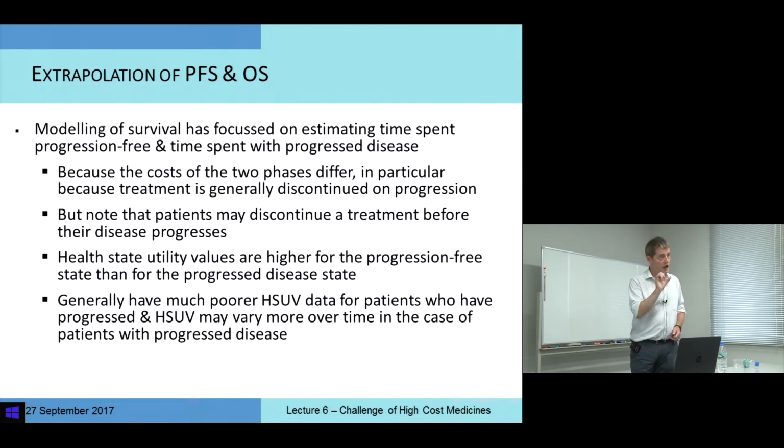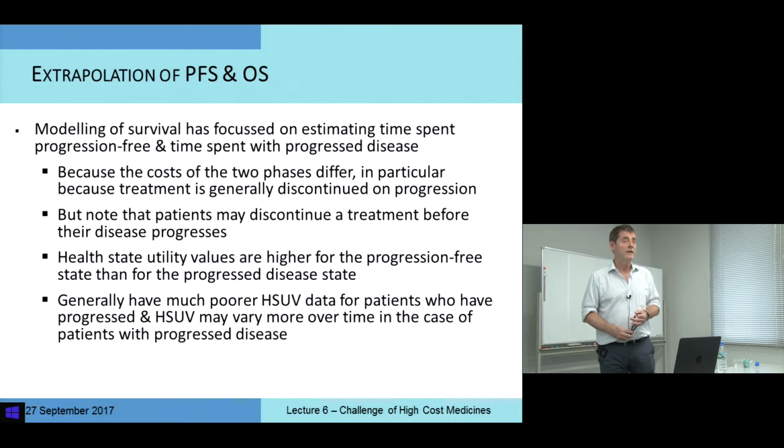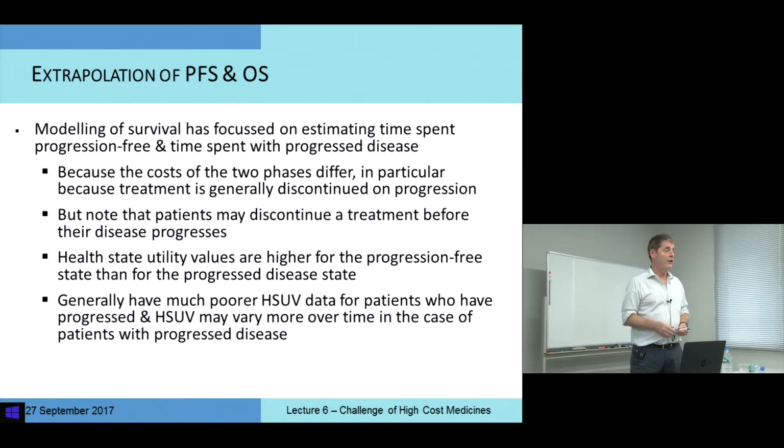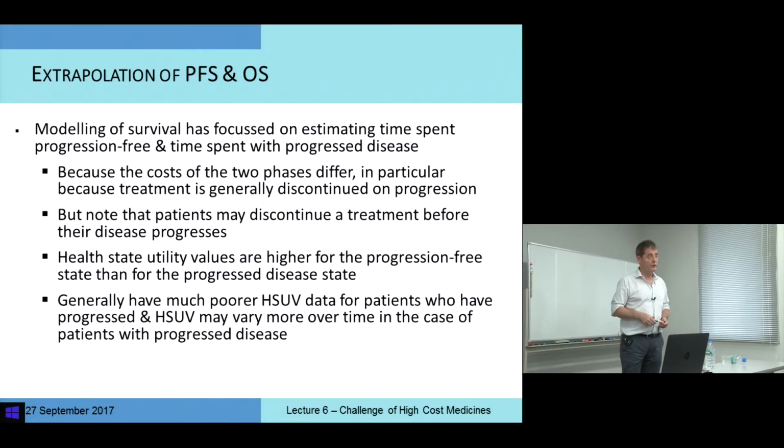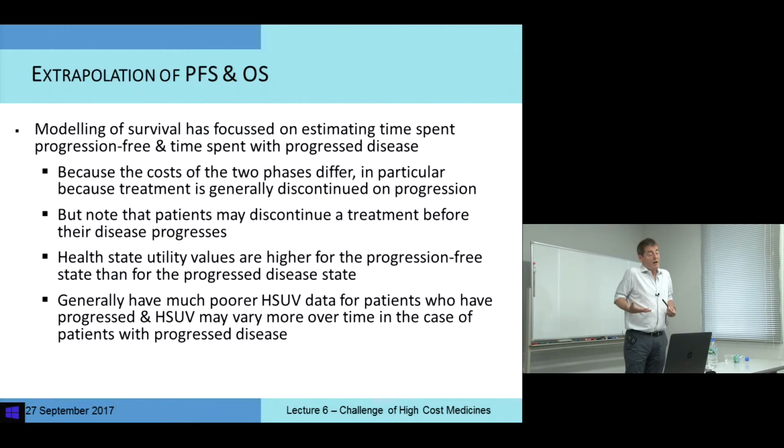And so you need to work out how long people are progression-free and therefore still getting treatment. It's also the case that the health state utility value, the weight being attached to progressed disease, is lower than the weight attached to progression-free. People are healthier while they're progression-free.